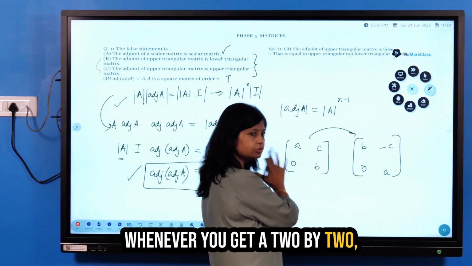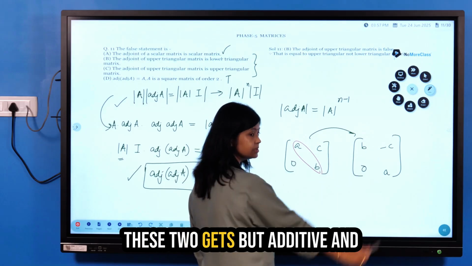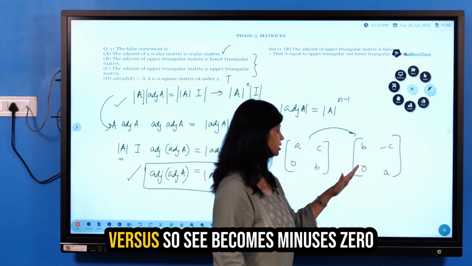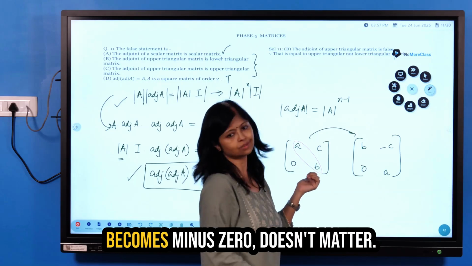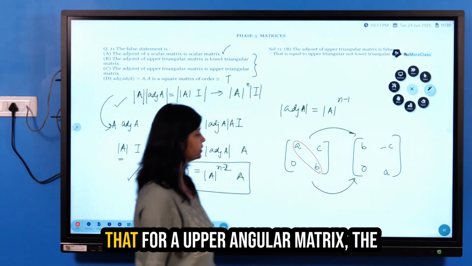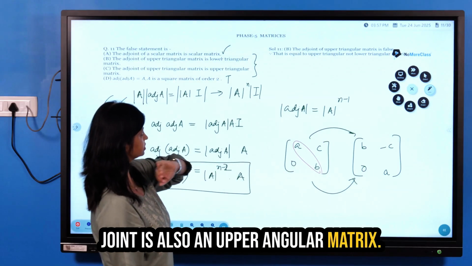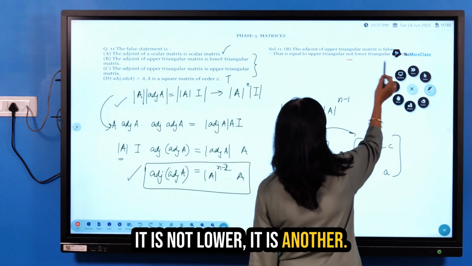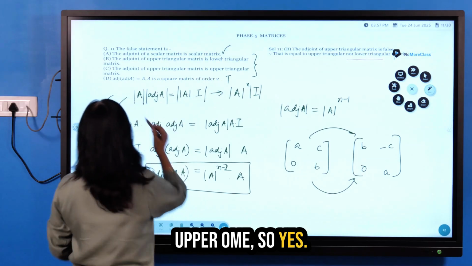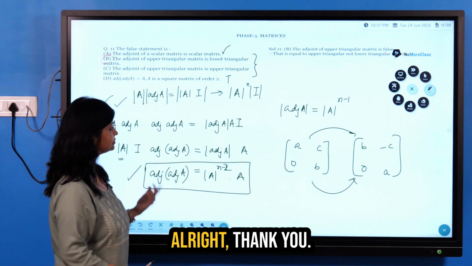Whenever you get a 2 by 2, you don't have to do anything: these two get exchanged and these two get additive inverse. So b becomes minus b, 0 becomes minus 0, doesn't matter. So you can simply see for yourself that for an upper triangular matrix, the adjoint is also an upper triangular matrix. It is not lower, it is another upper triangular matrix. So yes, B is the false statement. All right, thank you.